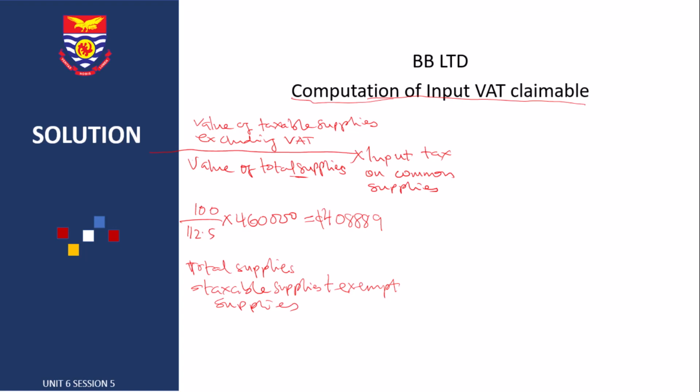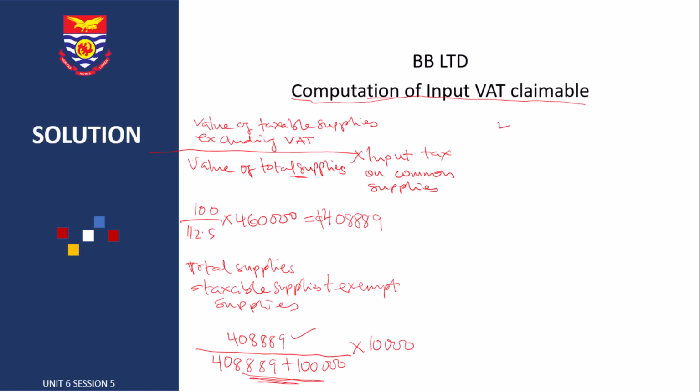So now we are going to get 408,889 over 408,889 plus 100,000, multiplied by 10,000. So this is the value excluding VAT, and these two here are the total supplies.